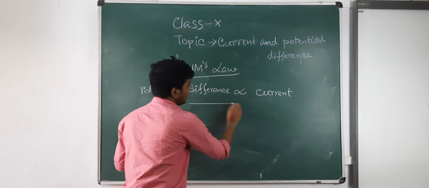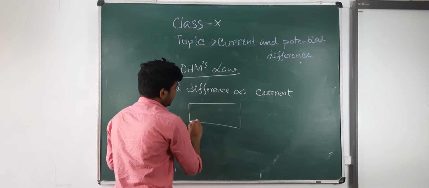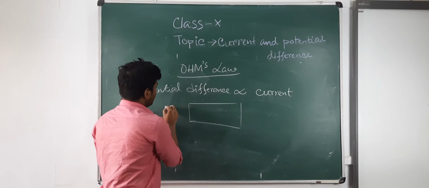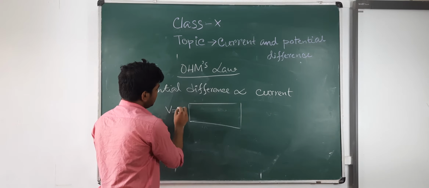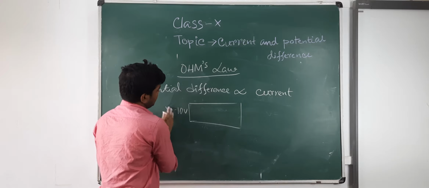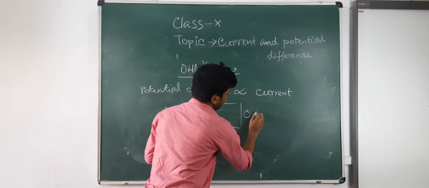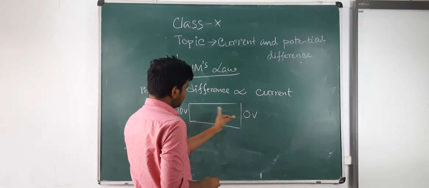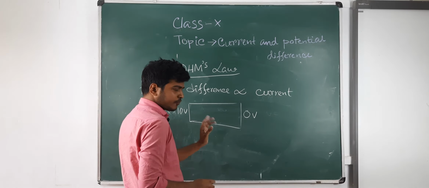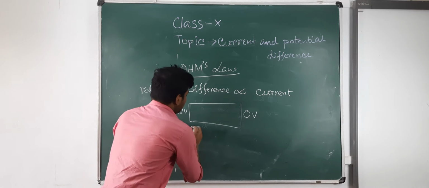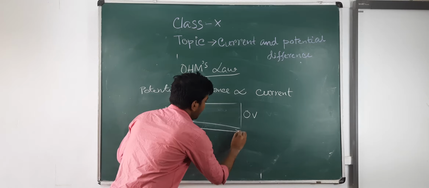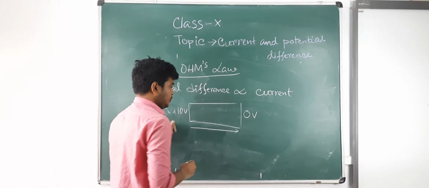Suppose this is a conductor. On this side the potential is 10 volt and on this side it is 0 volt. So what is the potential difference between these two ends? 10 volt. So current flows from higher potential to lower potential.